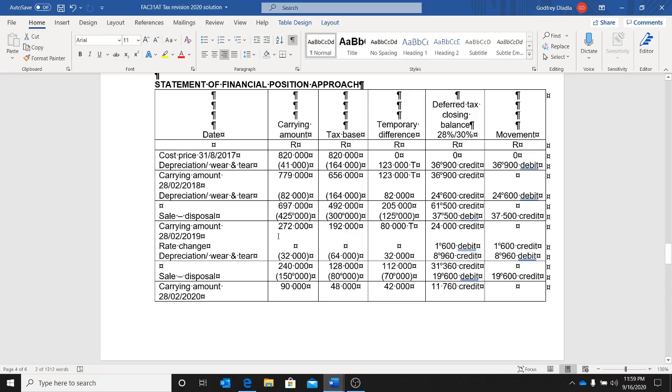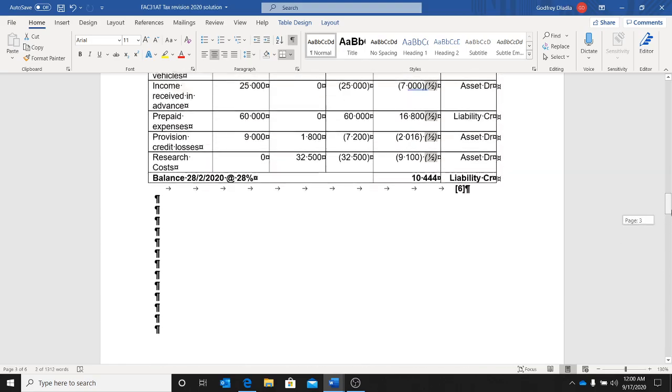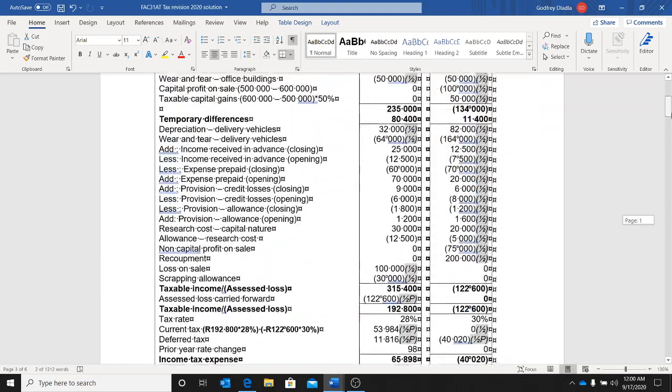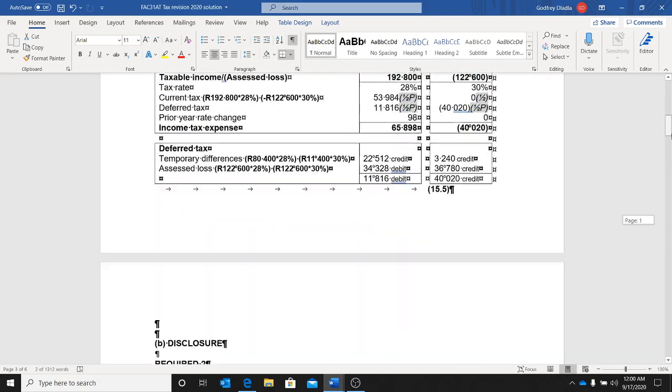Here is the 82, and here is the 164. And then here's 32, here is 64, which is your wear and tear and your depreciation.